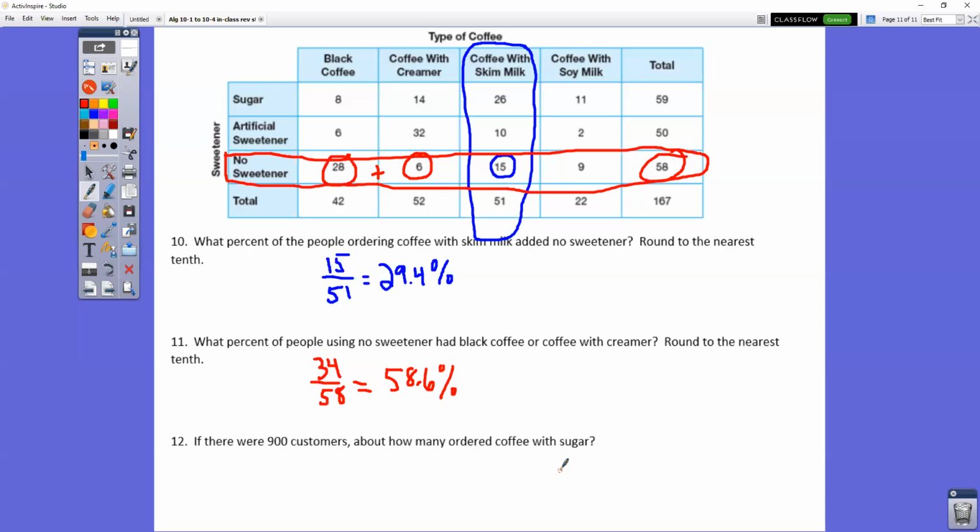Question number 12, this is the last one. If there were 900 customers, about how many ordered coffee with sugar?